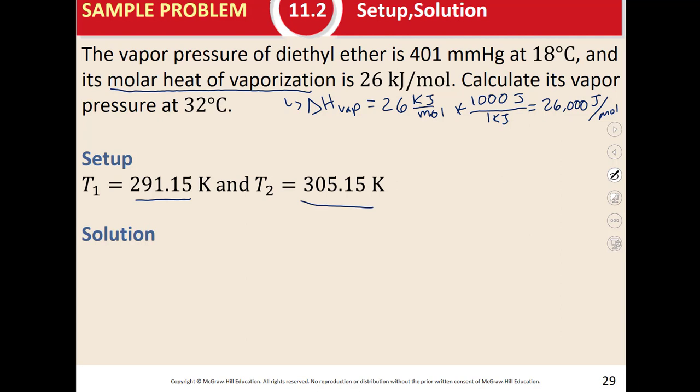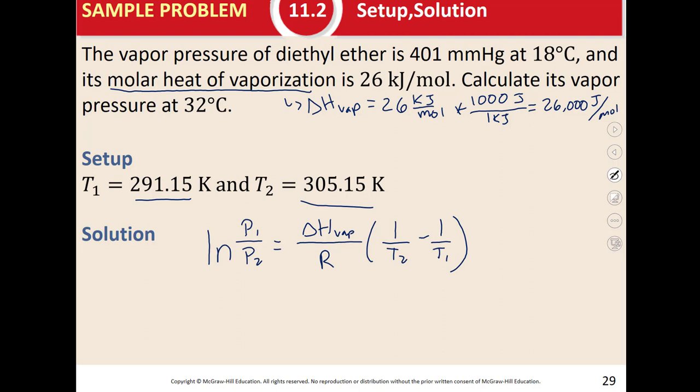So again, the Clausius-Clapeyron equation: the natural log of pressure 1 divided by pressure 2 is equal to the molar heat of vaporization divided by R times 1 over the second temperature minus 1 over the first temperature.